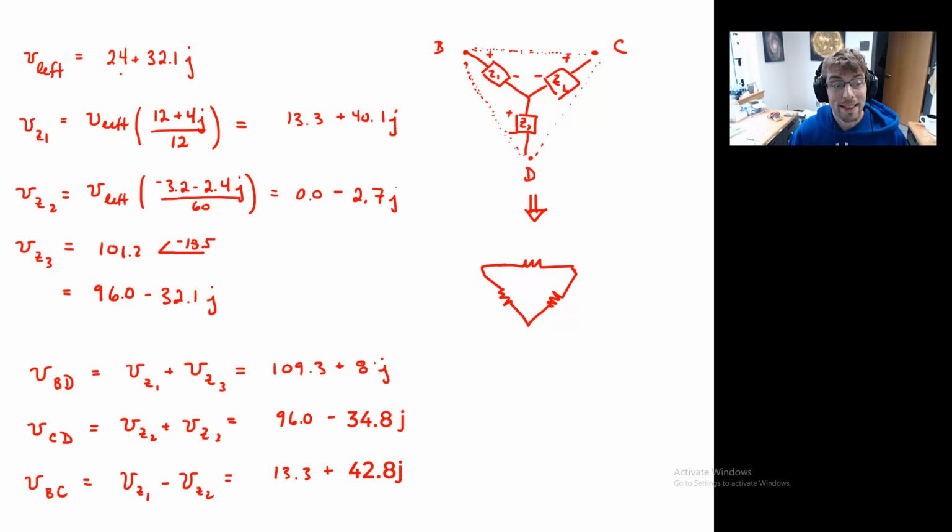Well, I think that's gone far enough. Now that we have the potentials at each of those nodes, we should be able to reconstruct the currents going through everything. I'll leave that last step up to you since we've done a couple of them and you can get a feel for it.